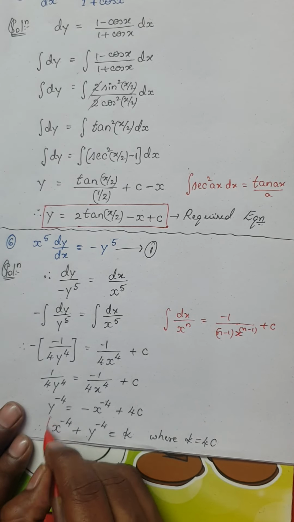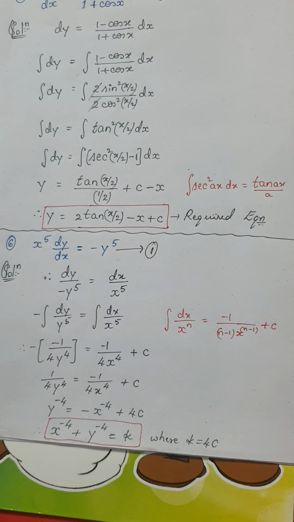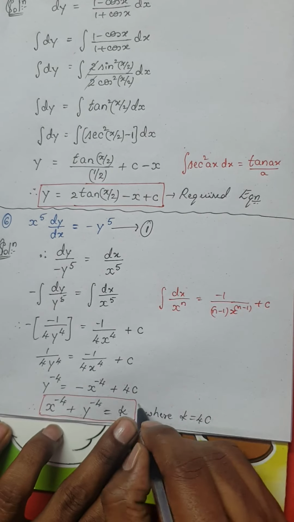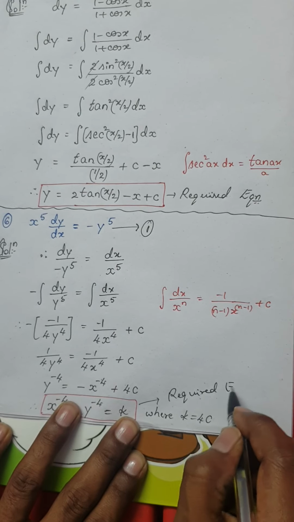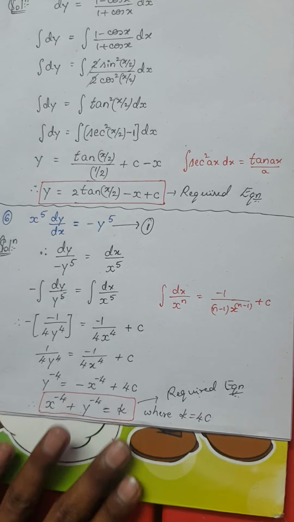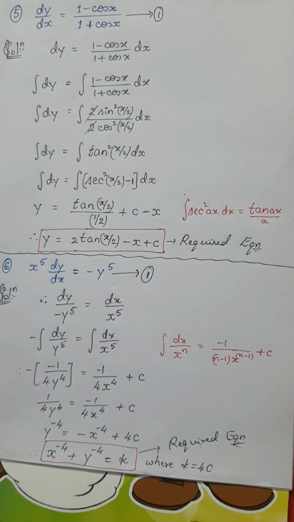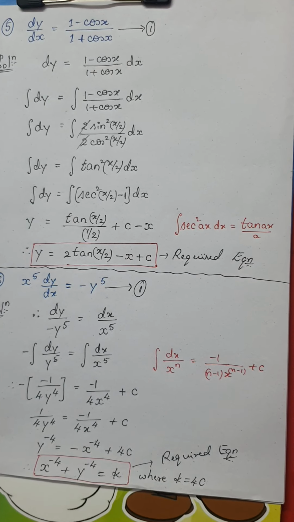You can say that this is the required equation. These are very simple topics. If they give you these kinds of questions for 3 marks, you are very lucky to get 3 marks, right?